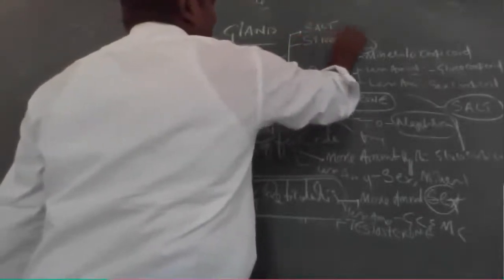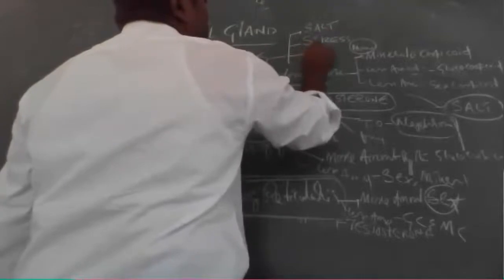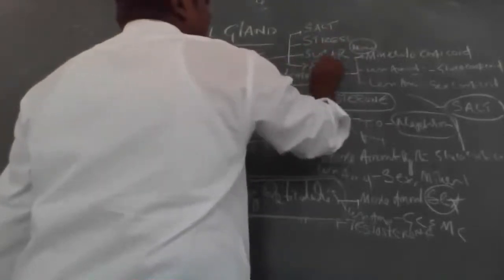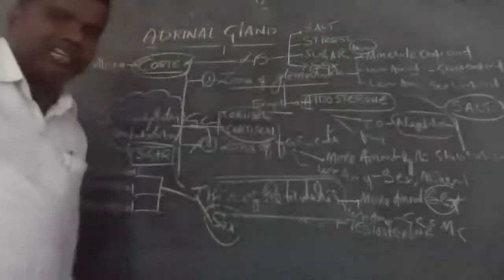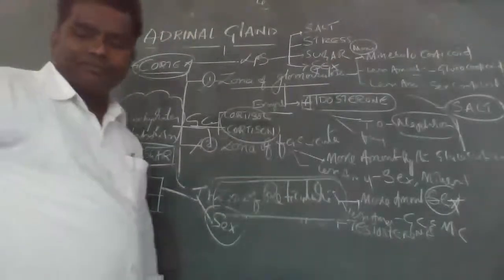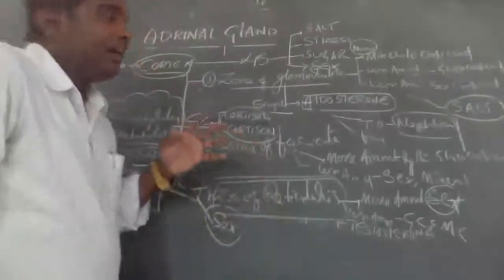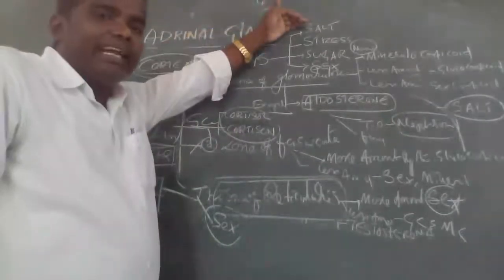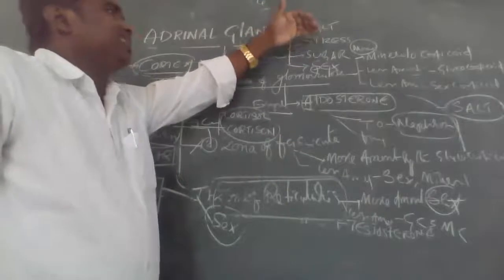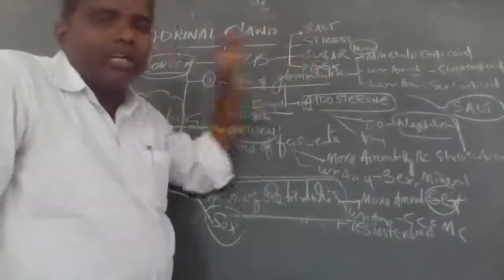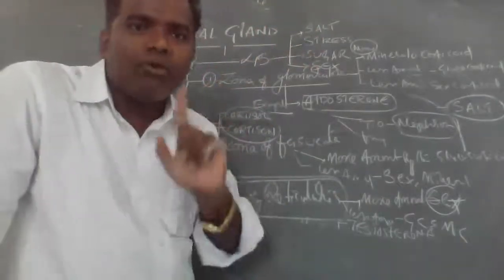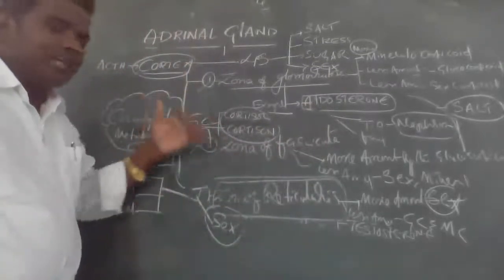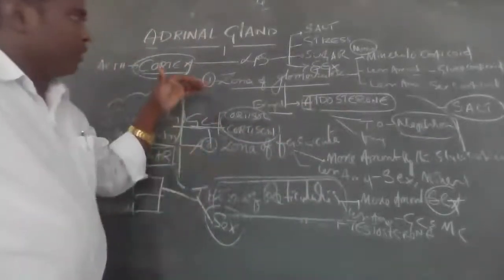That's why the adrenal gland cortex region hormone is called 4S. What is 4S? Remember one thing: the first one is salt, the second is stress, the third is sugar, and the fourth is sex.